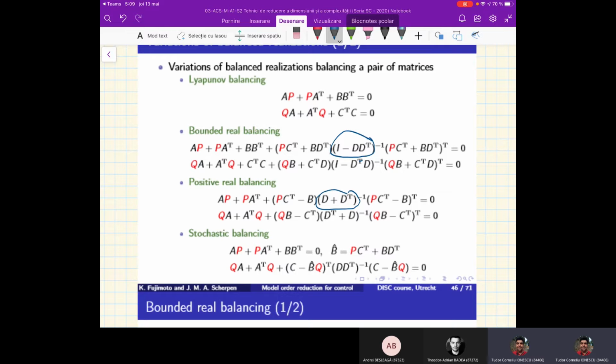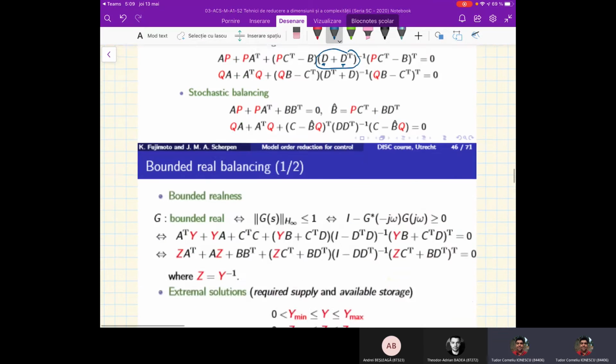But here D cannot be 0, and that's a big problem because even passive systems need not have a feed-through term. However, there is discussion about singular optimal control, which is a completely different discussion. And we can have stochastic balancing where we pick other types of quantities. So we can have variations, okay?